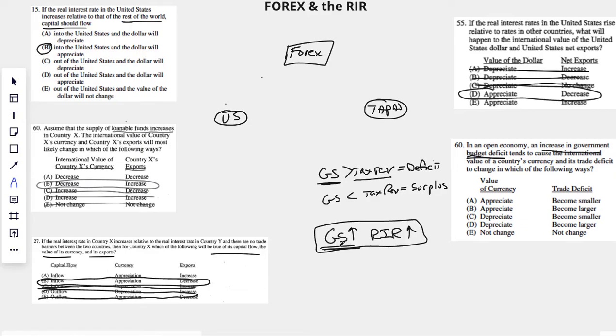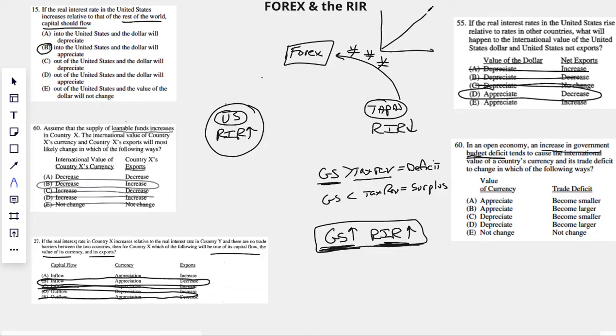So as the government spending increases, the real interest rate is going to go up. That implies the real interest rate in Japan would now go down. Again, same scenario, Japanese want to put their money where the real interest rates are highest. So they're going to take their yen, dump them into the Forex. That implies that the supply of yen is going to increase.